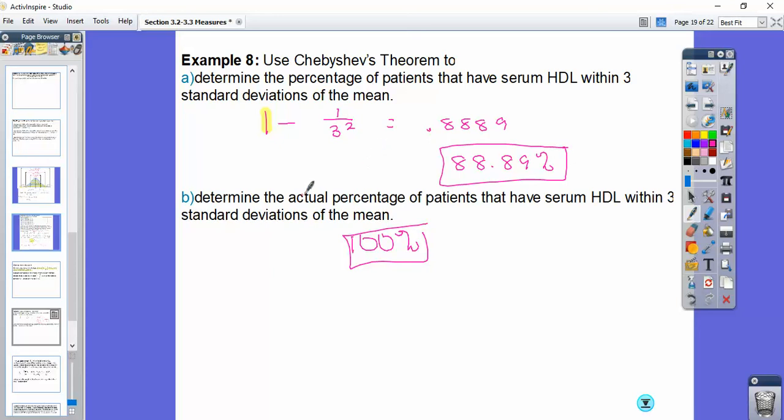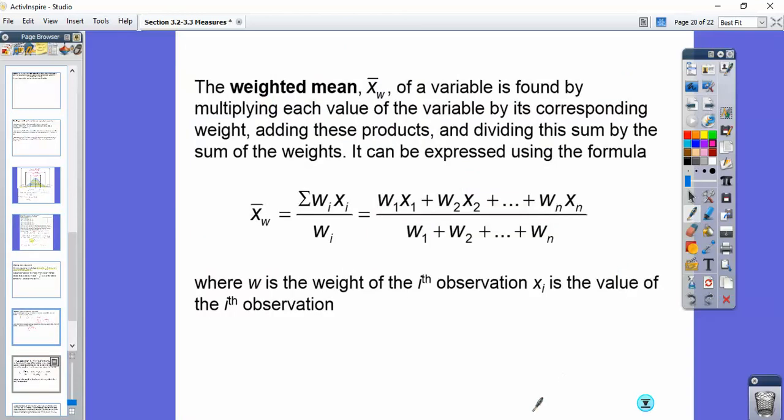Last thing I want to mention is a weighted mean. So a weighted average is found in different scenarios like GPA. If you want to calculate your grade point average and you have, let's say, 3 A's, 2 B's, and 3 C's. In your GPA, an A is worth 4 points, a B is worth 3, and a C is worth 2.